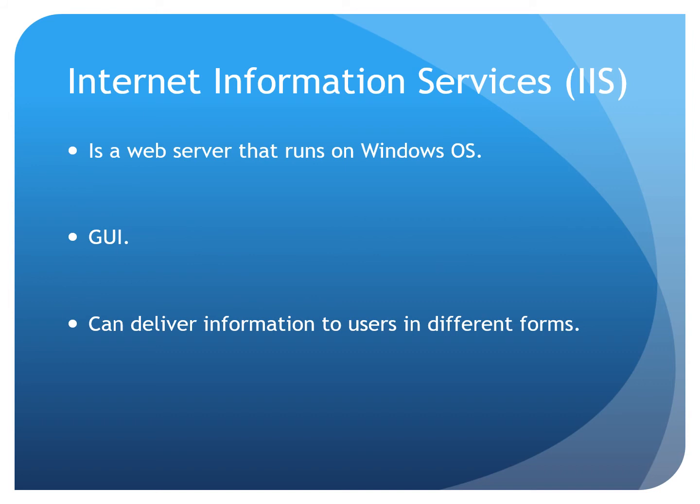Okay, now we're going to talk about Internet Information Services, IIS. It is a web server that runs on the Windows operating system. It can be installed on Windows Server or on a Windows client machine. It is basically a graphical user interface and may be preferred over Apache when building web apps that utilize the Microsoft stack.